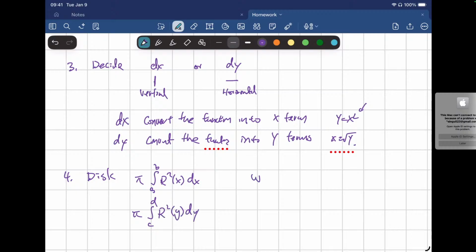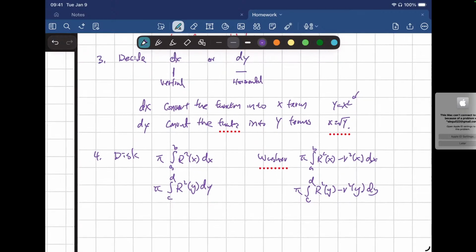If it's a washer, then you're going to use pi integral from a to b of R squared of x minus r squared of x dx. And from c to d, it's R squared of y minus r squared of y dy.